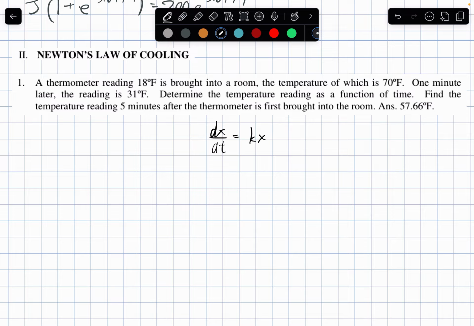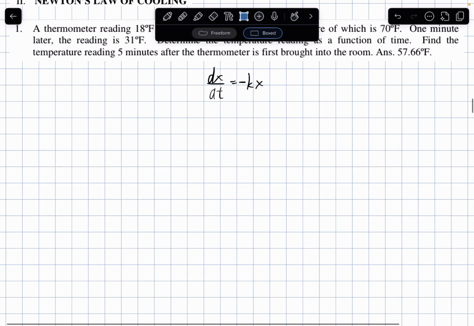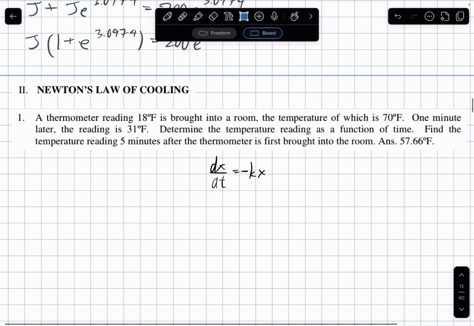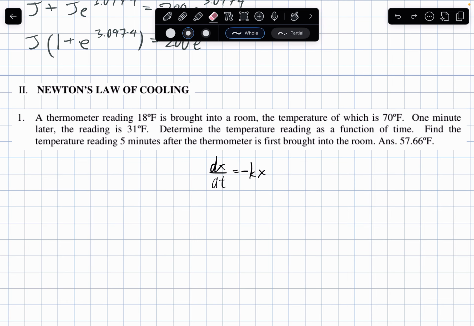So this is for growth and decomposition, no? This one. If we're talking about growth, we put a positive sign. If we talk about decomposition or deterioration or decay, then it's a negative sign on kx, no? When it comes to Newton's law of cooling, the formula is going to be dT, capital T as in temperature, over dt, small t as in time, equals k times T minus Tm.